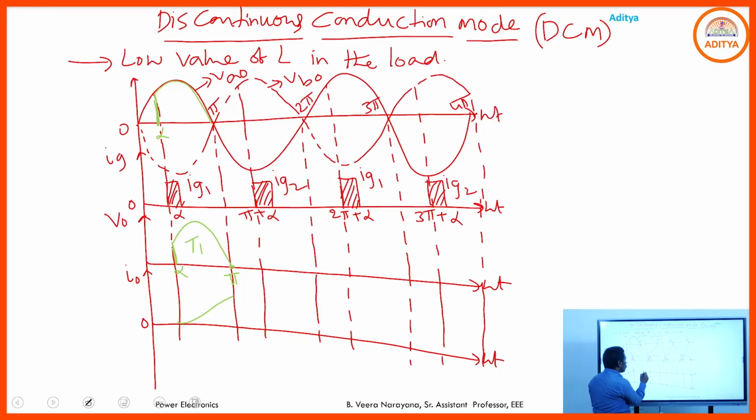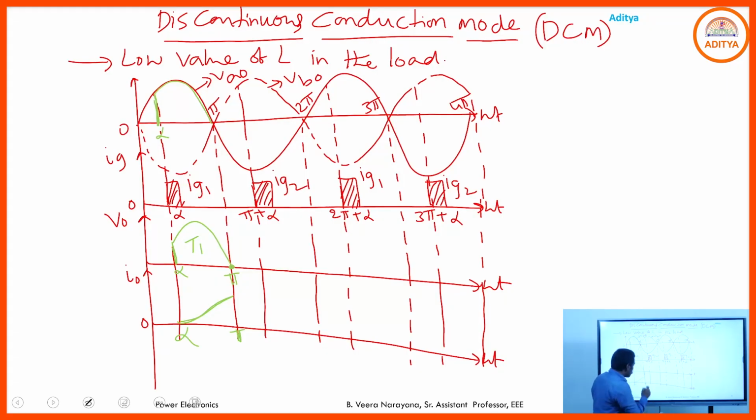At omega t equal to pi, even though the output voltage is 0, the output current cannot be 0 due to the property of the inductor. The current lags the voltage by an angle phi, and some energy is stored in the inductor in the form of an electromagnetic field.